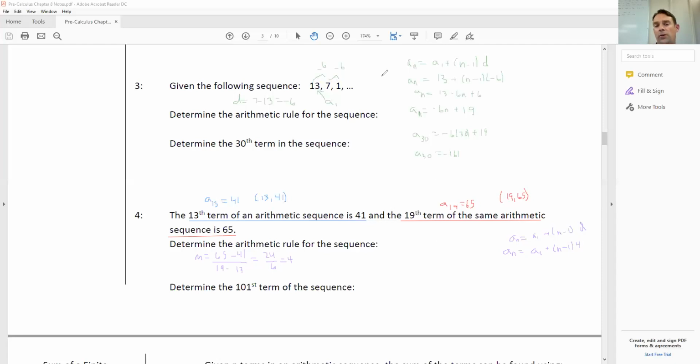Well, I still don't know what the first term is, but what if I were to plug in one of my numbers? What if I were to plug in 41 for a sub n? I know that that is my 13th term. So if I plug those in, just like we plug in a point to find the y-intercept, in this case we'd find what the initial term was.